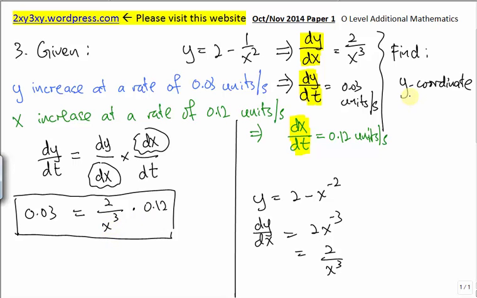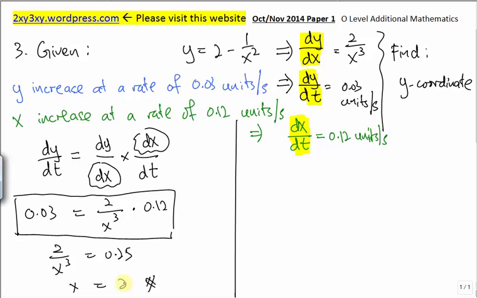We are supposed to find the y coordinate, so if I can find the x coordinate and plug it into the expression, I'll get the answer. Let's find x first. 2 over x cubed equals 0.25. Solving for x, x should give you a value of 2.